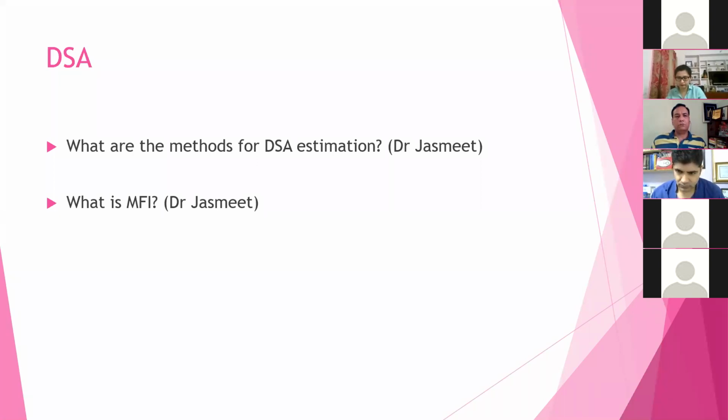But the newer methods include the Luminex-based evaluation of the DSA. The tests available are the single antigen bead test for class 1 and class 2 separately, which is the one recommended for use in haplotransplants.